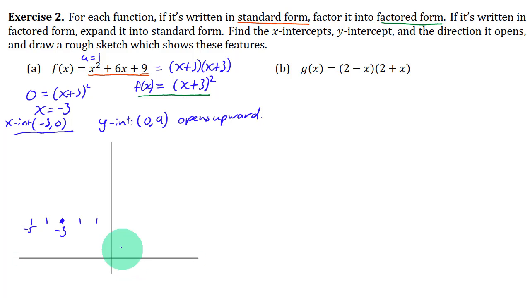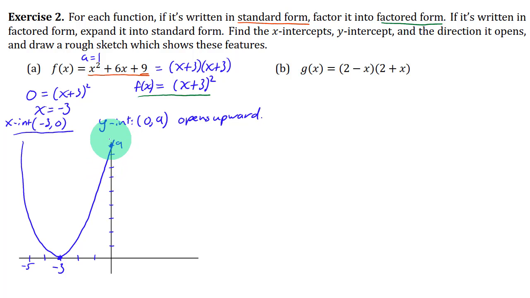If I want to make this sort of to scale, I should probably make the x-axis a little bit lower here, so we can have 1, 2, 3, 4, 5, 6, 7, 8, 9 up there. Okay, oops. All right, so about like that. That is an ugly parabola. I know I said rough sketch, but that was a little bit too rough. All right, so I guess that's good enough.